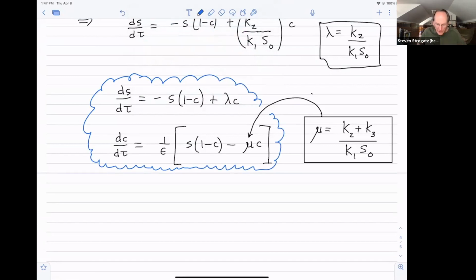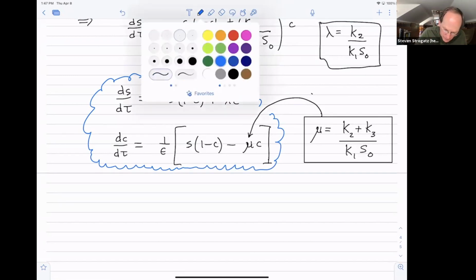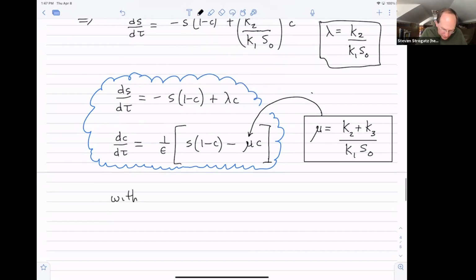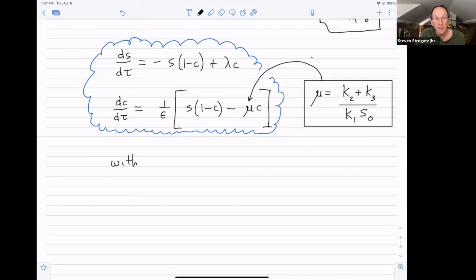And also we've got initial conditions on it. Let's remember what those are. The biochemically natural initial conditions are, remember, initially the substrate had concentration S0, but we've scaled things now by S0. So we're going to have the little s at time 0 is 1.